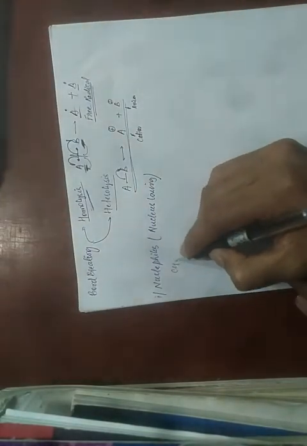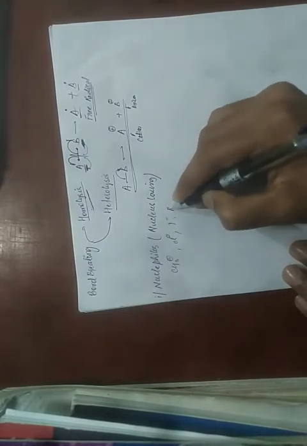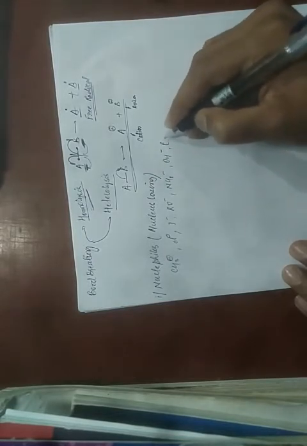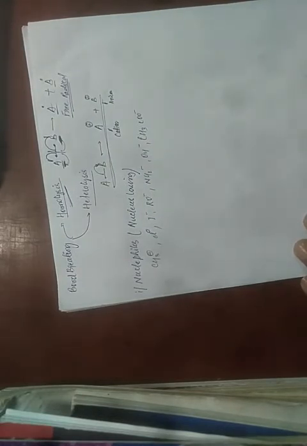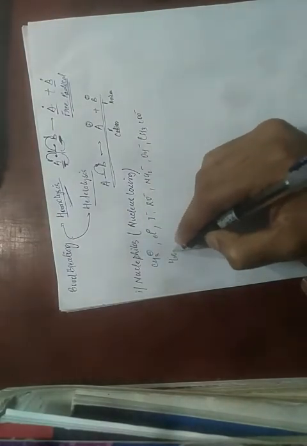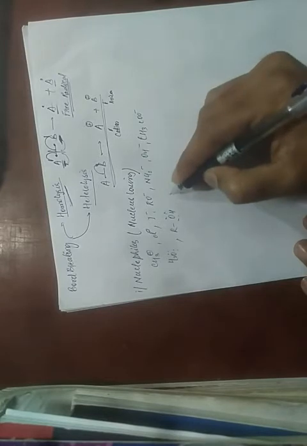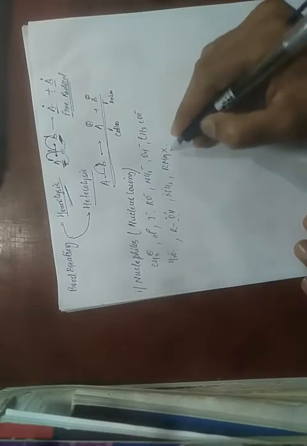You can take so many examples, like CH3 negative, Cl negative, I negative, RO negative, NH2 negative, OH negative, or CH3COO negative. So these are some of the nucleophiles which are nucleus loving. Some neutral ones you can take, suppose H2O, ROH, NH3 or RNH2. These are the substances which are nucleophiles.